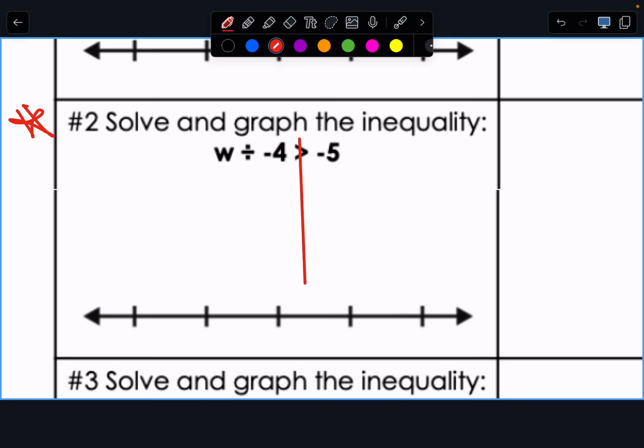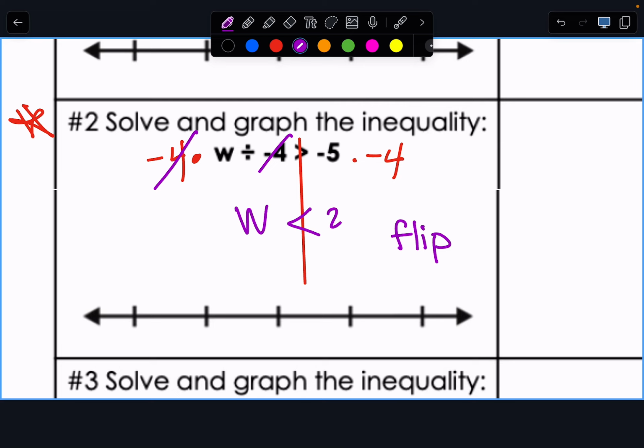Okay, we're going to have to multiply by -4 to each side. Are we multiplying or dividing by a negative? Yes, we're multiplying by a negative. So we need to flip our sign. So W is less than 20.